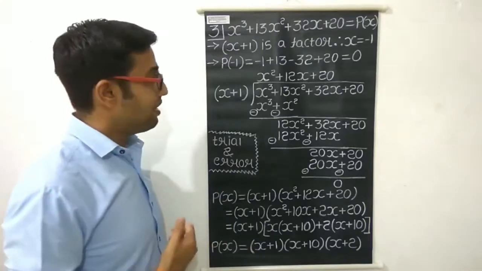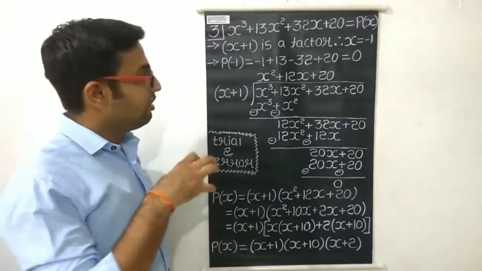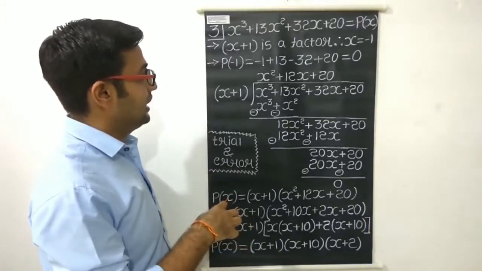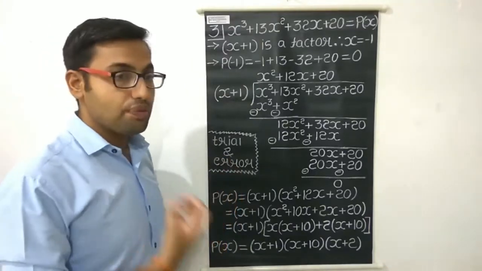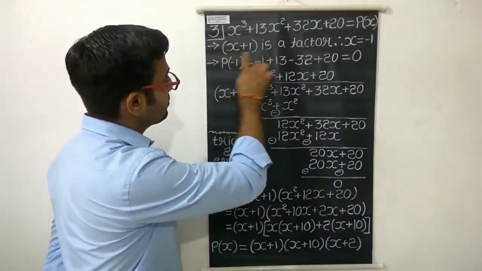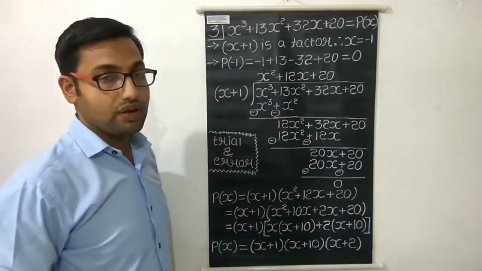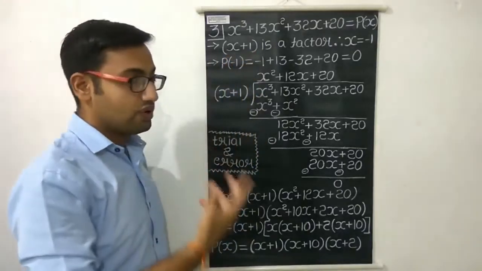Now you may have a question, what is that method? For that method, we have to first of all suppose one factor. Like suppose that x plus 1 is a factor of this polynomial. It is not necessary that we have to suppose x plus 1 as a factor.